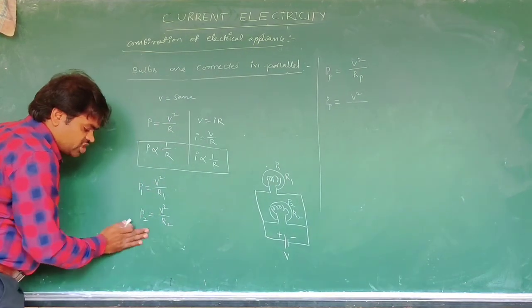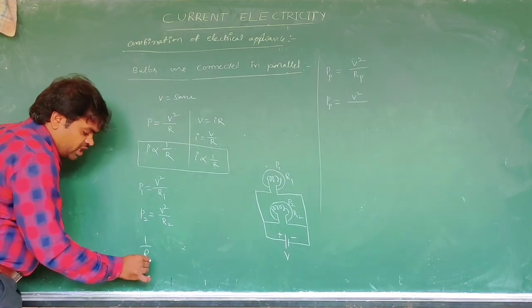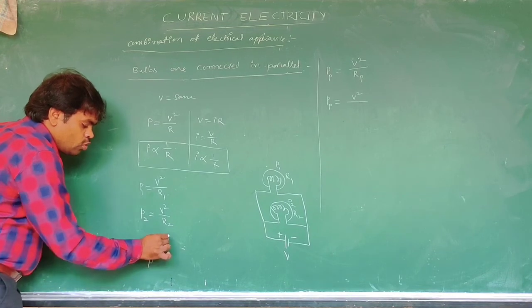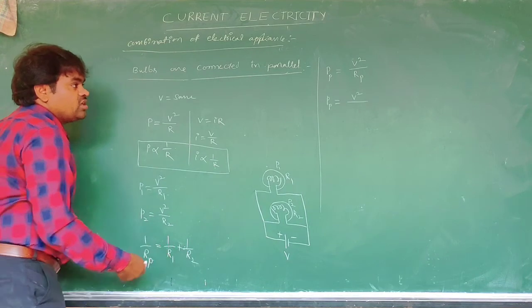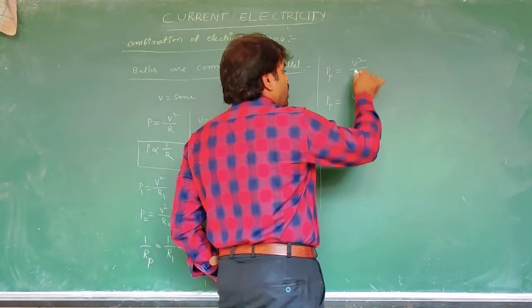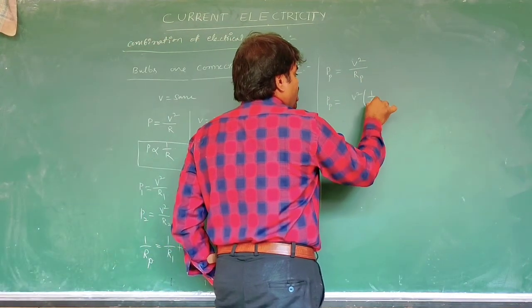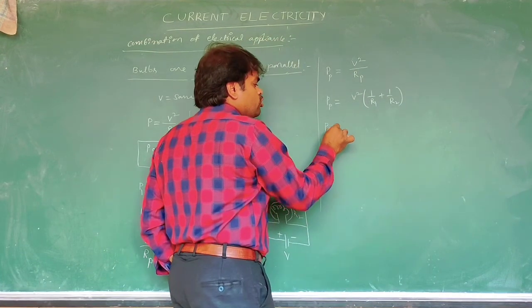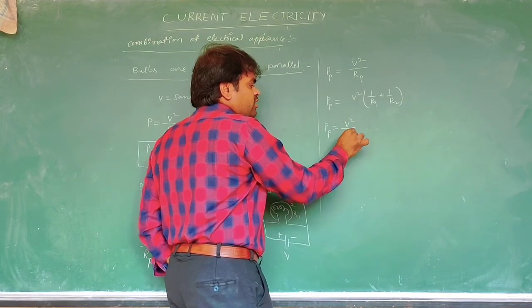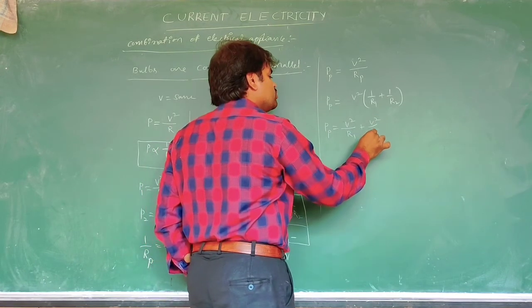In the parallel combination, 1 by Rp is equal to 1 by R1 plus 1 by R2. Then V square times 1 by Rp means V square by R1 plus V square by R2.